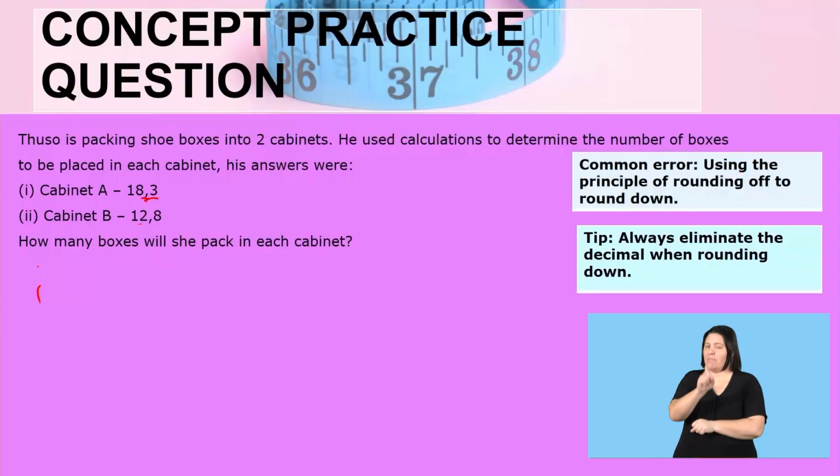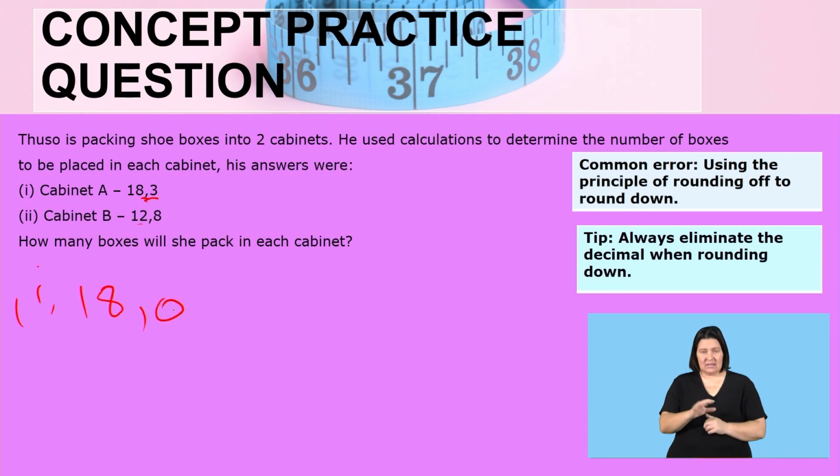So we say, for the first one, because we have 18,3, this is like 18 plus 0,3. I'm sorry about this error. This is like 18 plus 0,3.